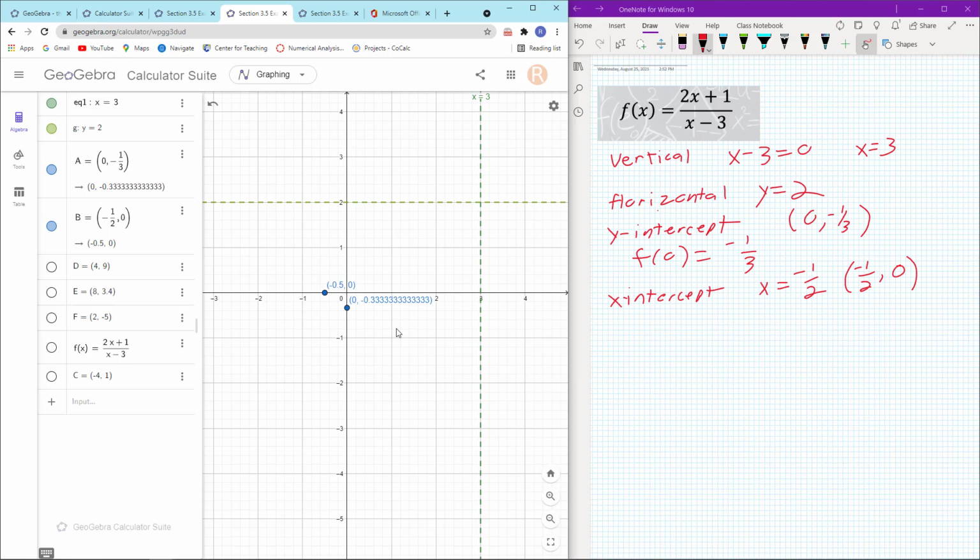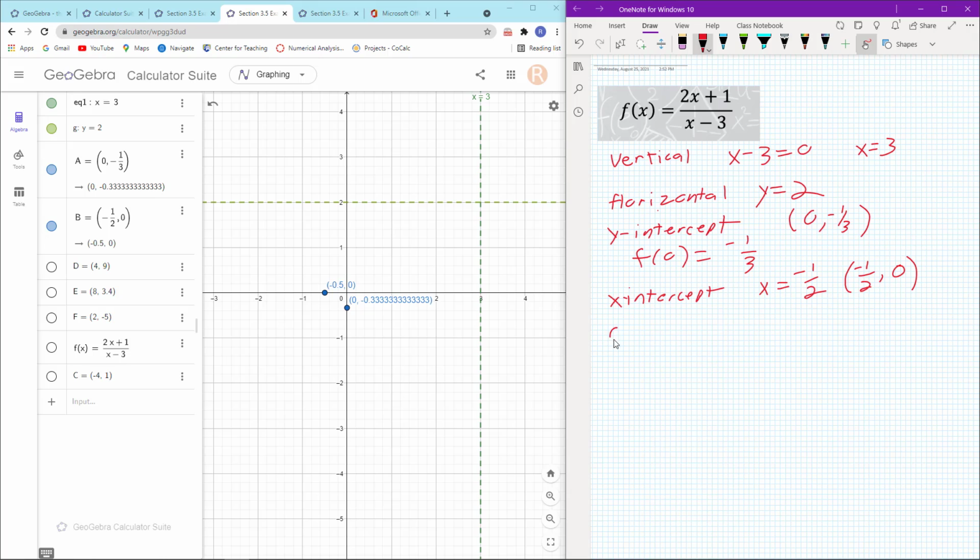Now we want to determine whether or not the graph is going to intersect our non-vertical asymptote. To figure that out, we need to solve the equation for y equals 2 and see what we get.